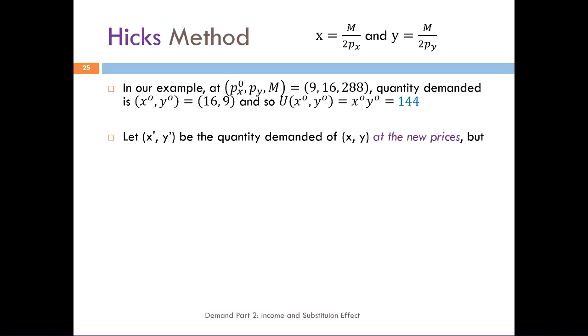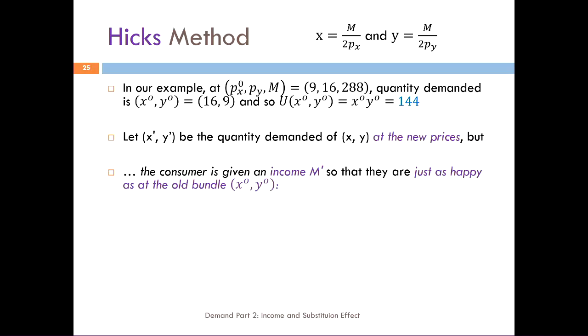So we want X prime, Y prime to be the quantity demanded of a bundle of goods X and Y at the new prices, but given the consumer income of M prime, so they're just as happy as at the old bundle. That is, the utility at this hypothetical bundle, X prime, Y prime, is the same as the original utility at the original bundle, X naught, Y naught, that is 16, 9. So we want that hypothetical bundle to have a utility of 144.